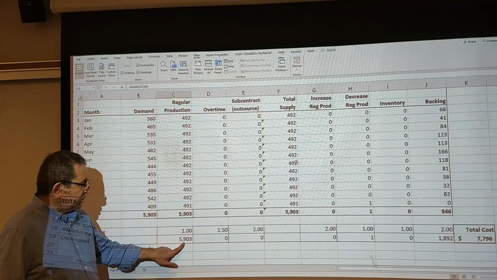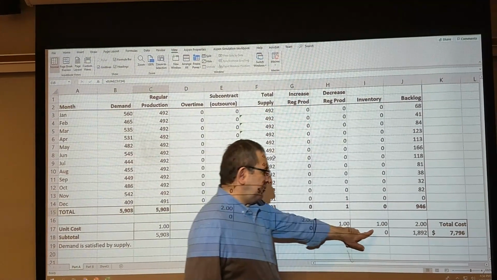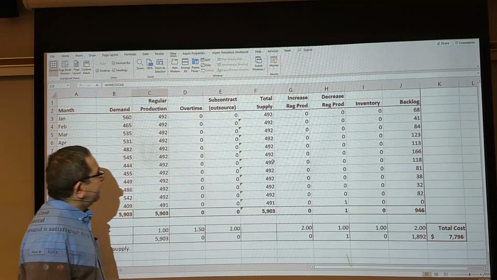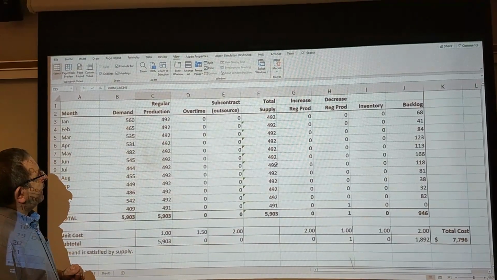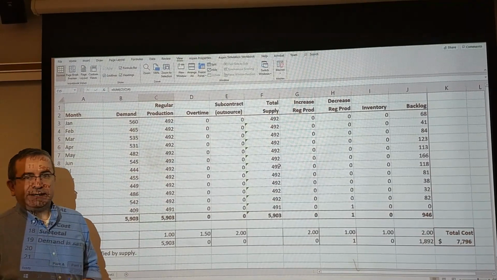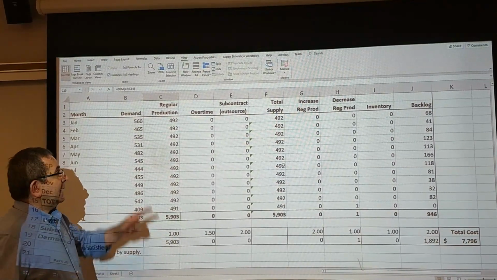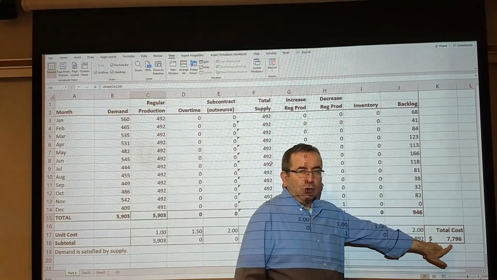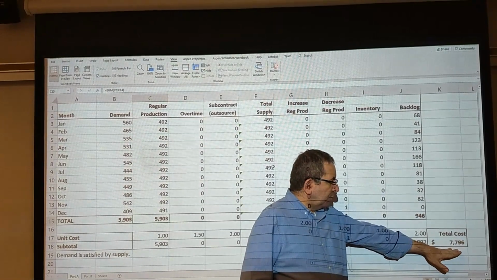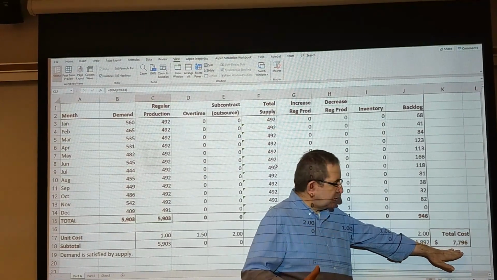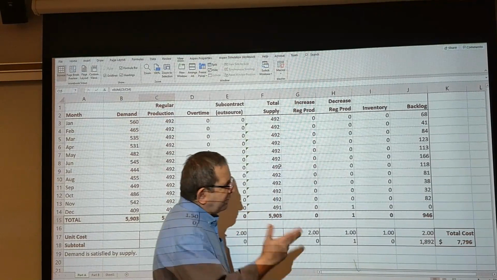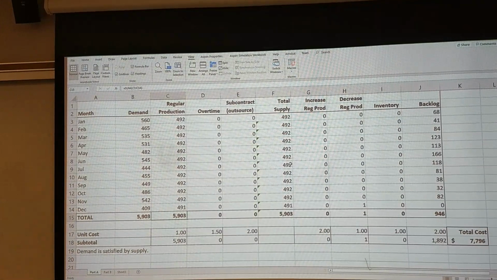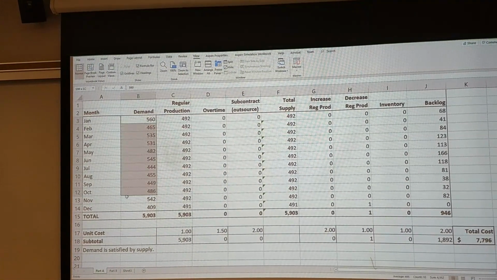So cost of production plus inventory, which is 0, and then cost of backlog. So this is the cost of level strategy. Now let's try the chase strategy and see if we get a lower cost. Our total cost under level strategy is 7,800, roughly speaking.